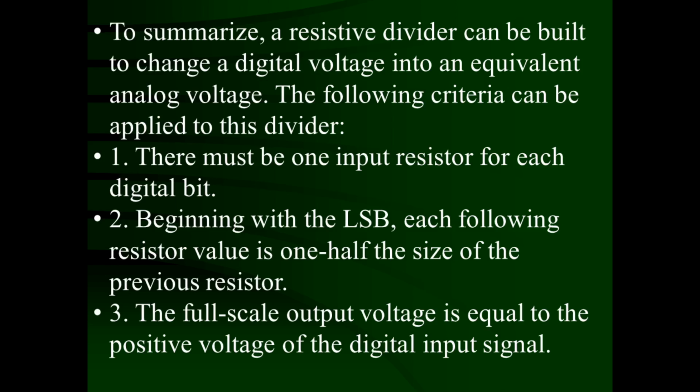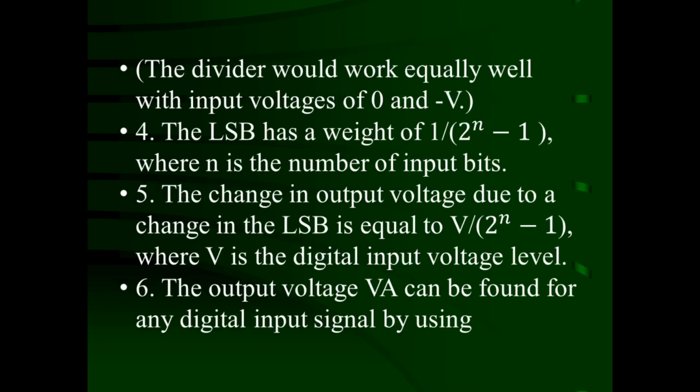Then at position 2 raised to 2, the resistance should be R2, equal to R0 by 4, and so on. The full scale output voltage is equal to the positive voltage of the digital input signals. The divider would work equally well with input voltages of 0 and minus V volt also. So for negative logic also it will work.